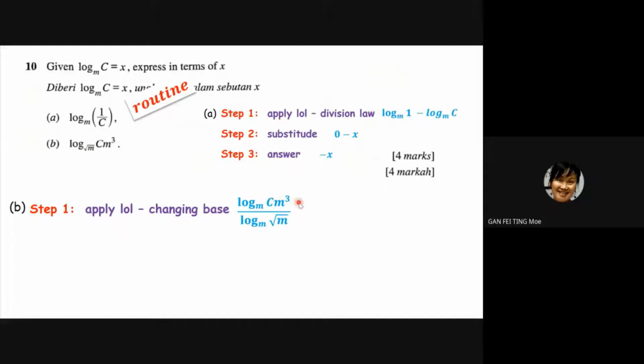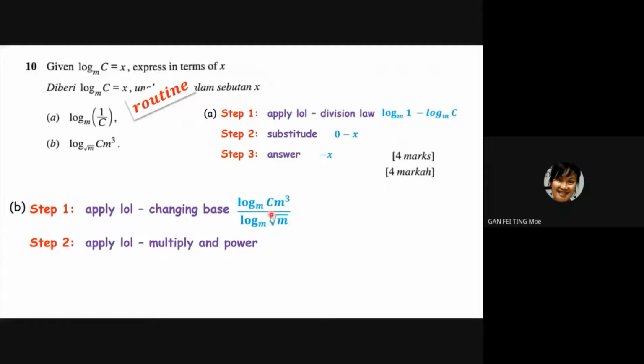So then after that, I go on to my multiplication and power law. Okay, apply another time the law of logarithm, because here I see power, here I see multiply, and here also I can change this one to the power of, what is the power of m now? Can anybody tell me?